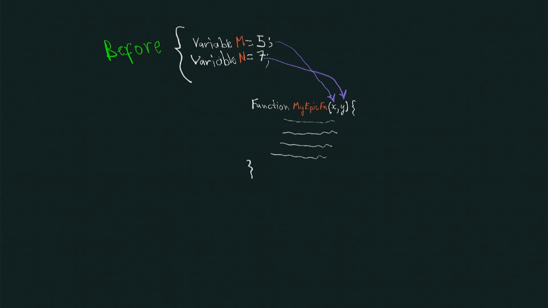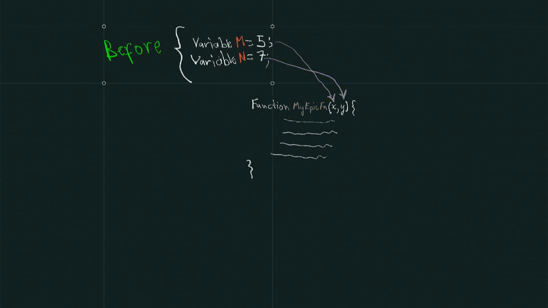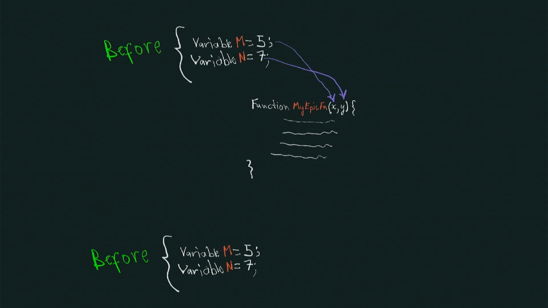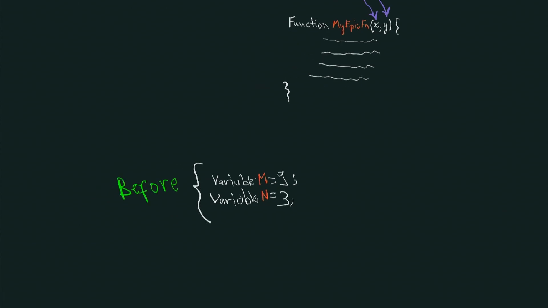And let's say that after the calculation done by this function, we end up with something different. We end up here with maybe 9, and here maybe 3, just random numbers. This is before, and this is after.